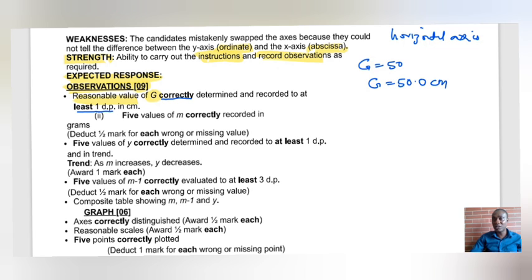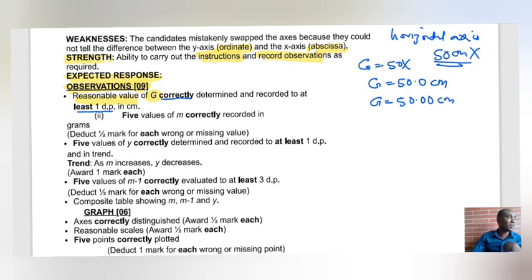You must put the unit centimeter, or you can say G equals 50.00 centimeter. As long as it is at least 1 decimal place, you are correct. This is wrong because there's no decimal place and there's no unit. If you record 50 centimeter, this is also wrong because there's no decimal.